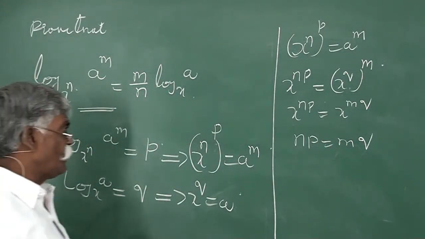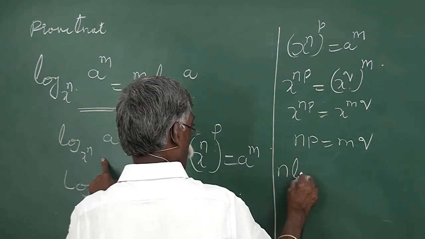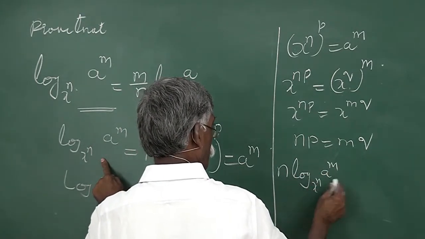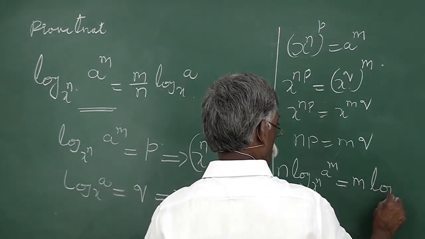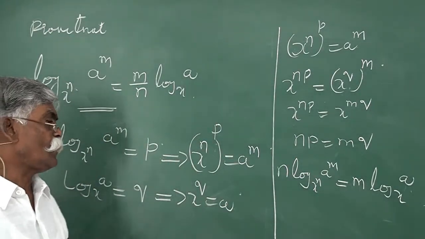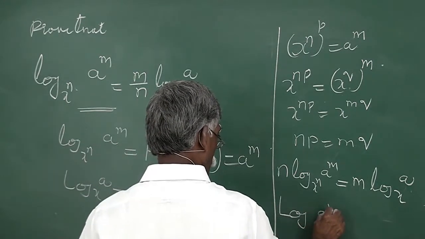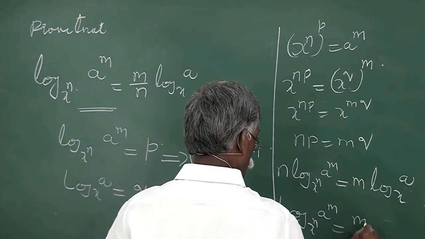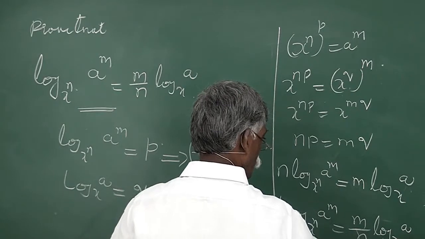And np means log of a power m to the base x power n is equal to m into log a base x. If we send n to the other side, we will get log of a power m to the base x power n equal to m by n into log a base x.